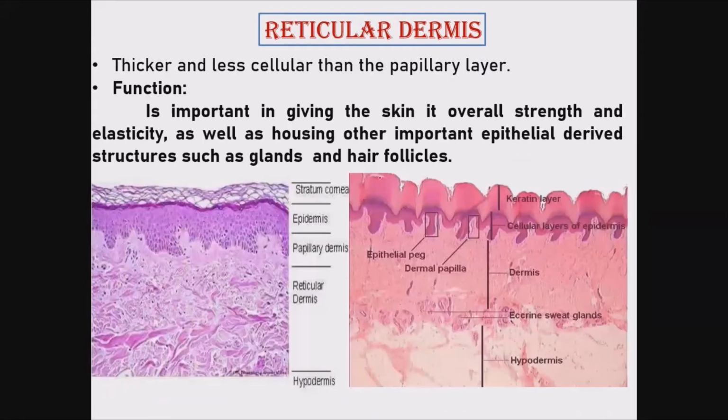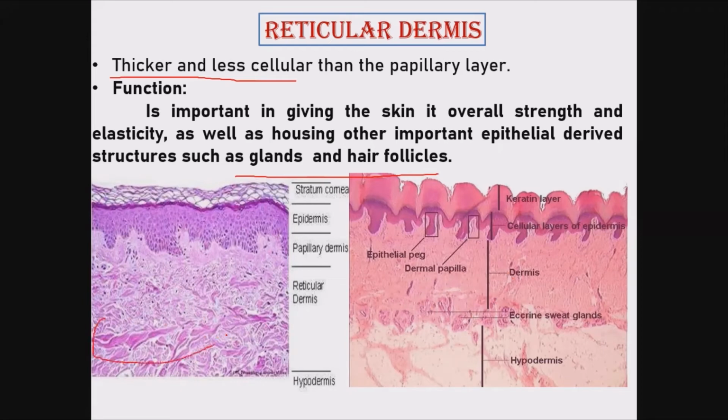Okay. The reticular layer is thicker but less cellular than the papillary layer. It is resting on the hypodermis. It is important in giving the skin overall strength and elasticity, as well as housing important epithelial derived structures like glands and hair follicles. So this part of dermis, the reticular dermis, contains more collagen bundles.